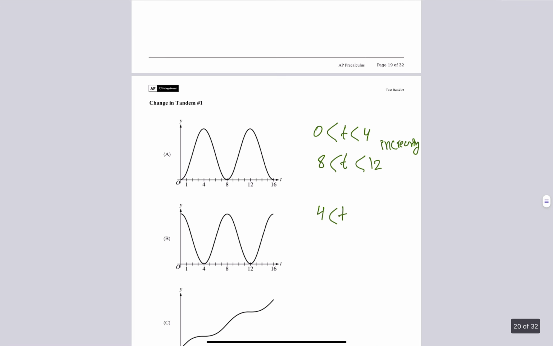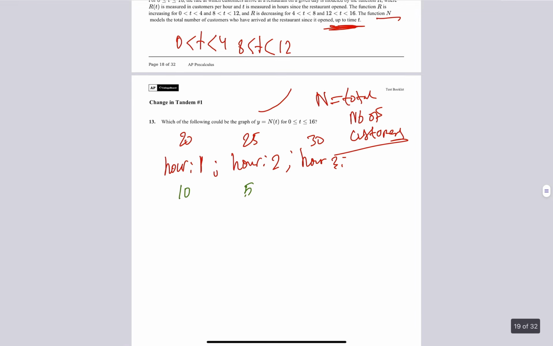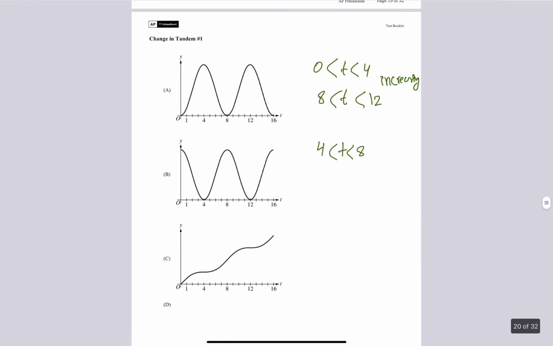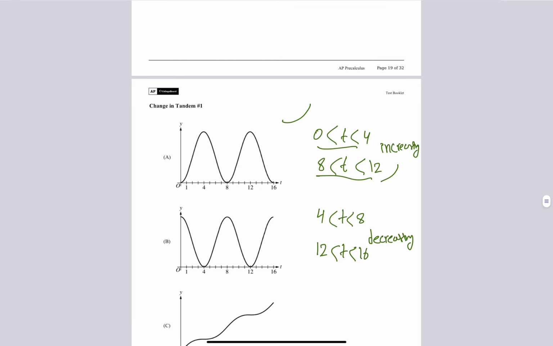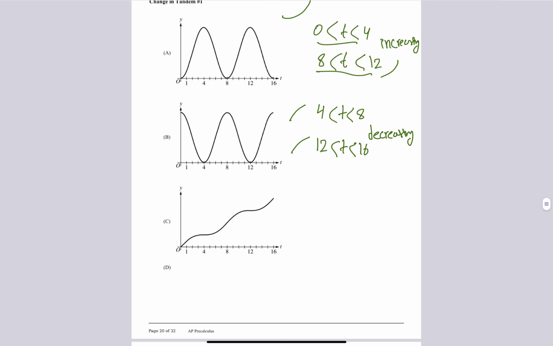4 to 8, 12 to 16, the rate is decreasing. What does that mean? When I look at this interval, I'm searching for a concave up shape. I'm looking at these two, I'm looking for a concave down.